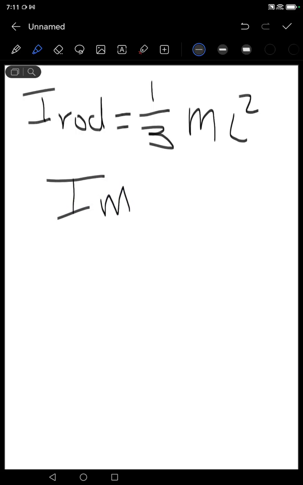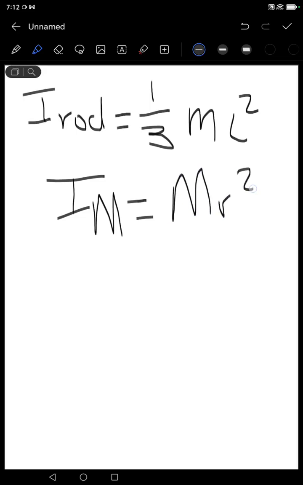I'm going to use a big letter M for the sliding mass and the small letter m for the slender rod. So the moment of inertia of the sliding mass is going to be M r squared. So for the rod, it's 1/3 ml squared, and for the sliding mass, it's going to be M r squared.